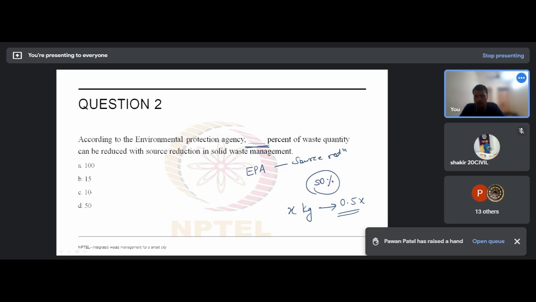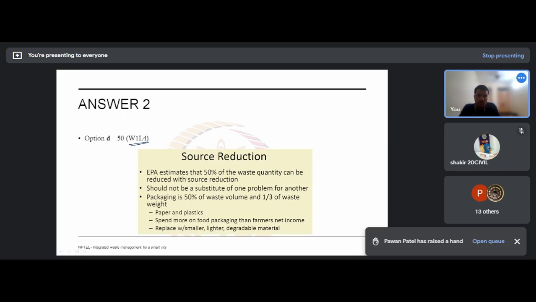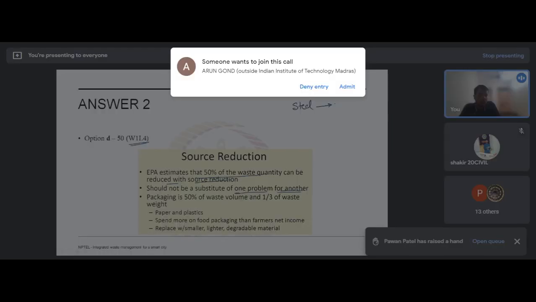It is from week 1, lecture 4. EPA estimates that 50% of the waste quantity can be reduced with source reduction, and it should not be a substitute of one problem for another. Say we are using steel for manufacturing some product, and that product becomes waste.